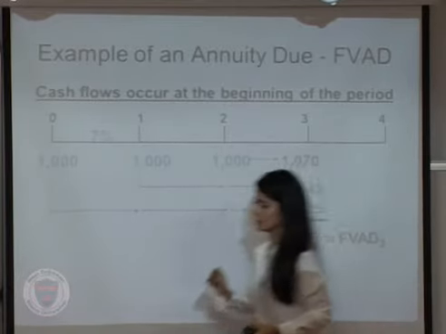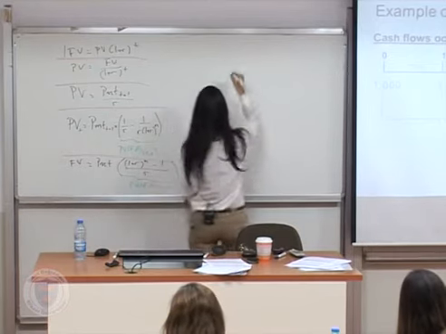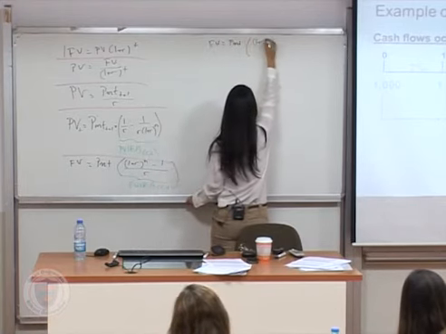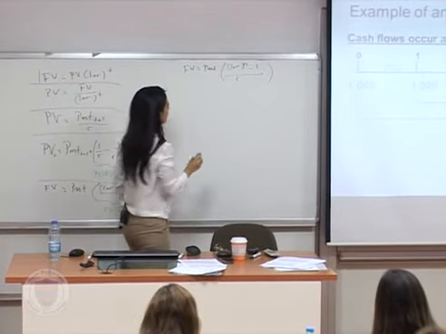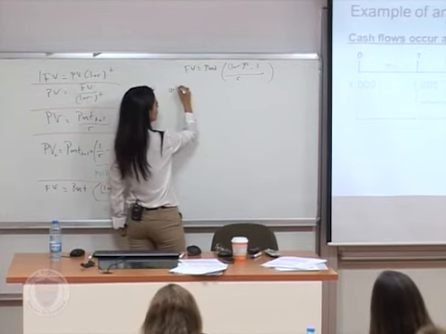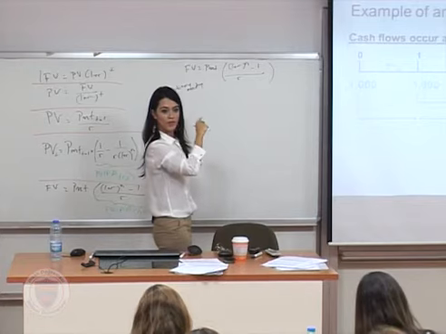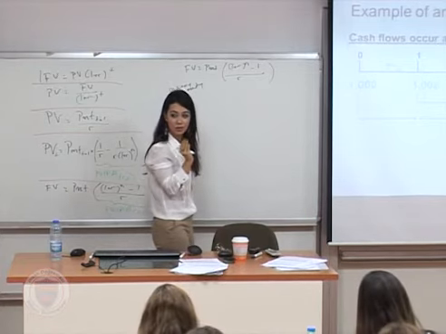So let's go back here. Let's use the formulas. For this one, I'm using the future value formula: payment times (1 plus r) to the power n minus 1, divided by r. So in an ordinary annuity, remember I said this formula gives you the future value of the annuity at the time when your last payment occurs.